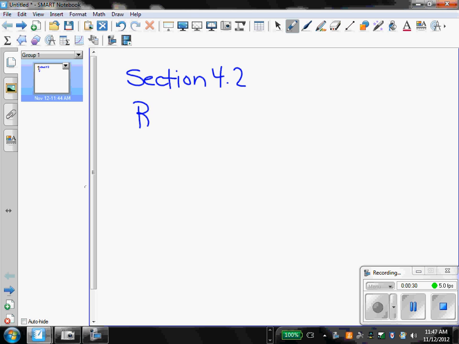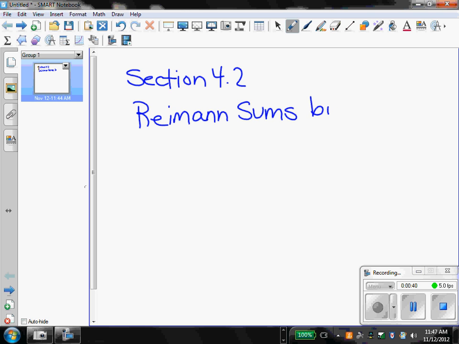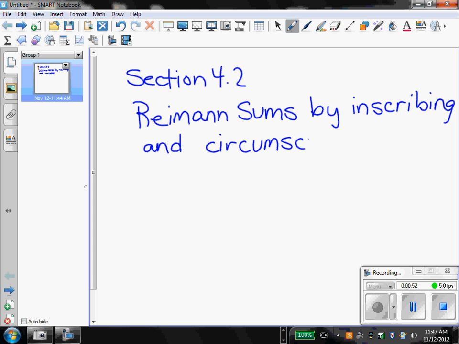So what we are going to be doing is called finding Riemann sums by inscribing and circumscribing rectangles.